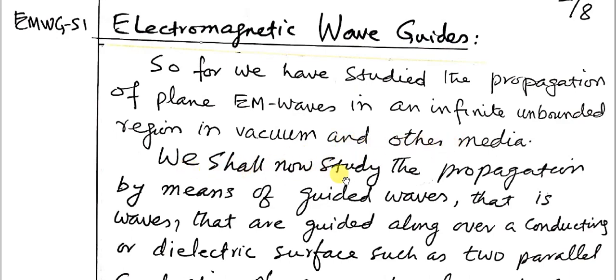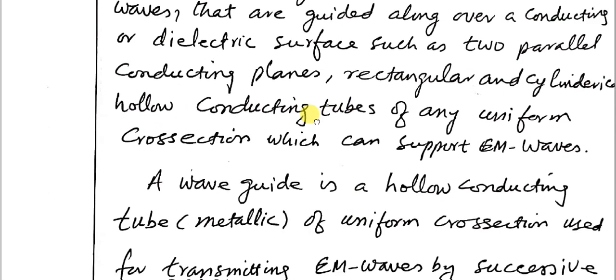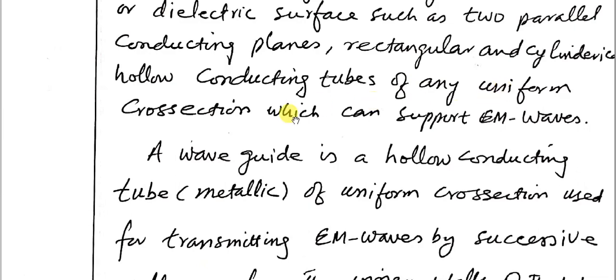We shall now study the propagation by means of guided waves, that is, waves that are guided along a conducting or dielectric surface, such as two parallel conducting planes, rectangular and cylindrical hollow conducting tubes of any uniform cross section, which can support electromagnetic waves.